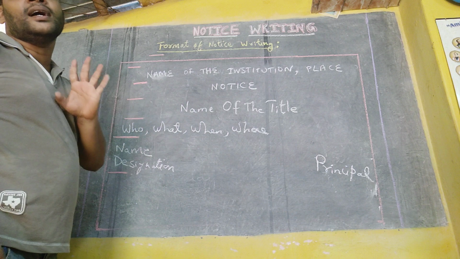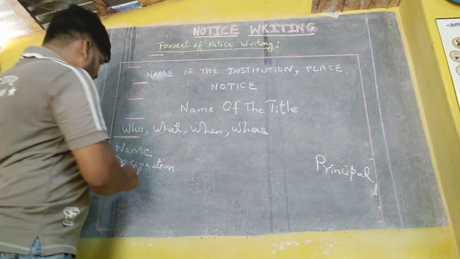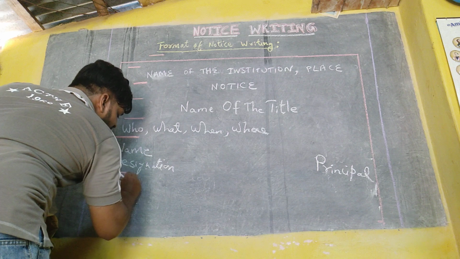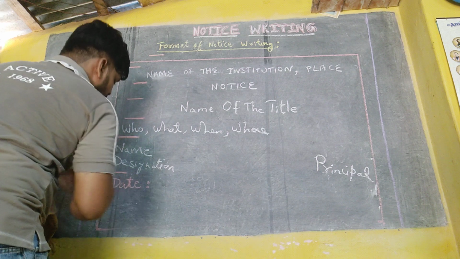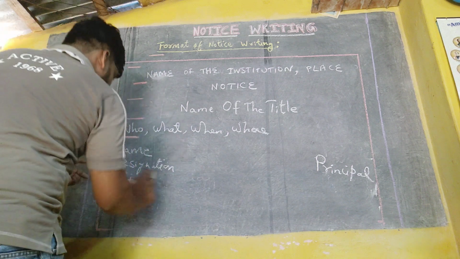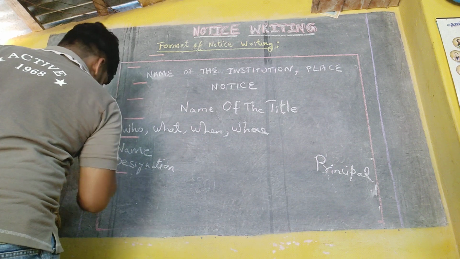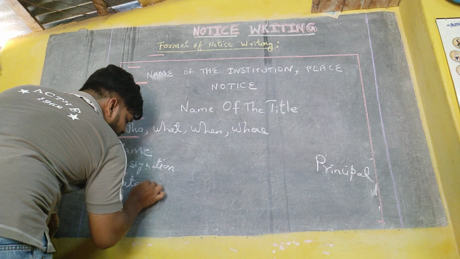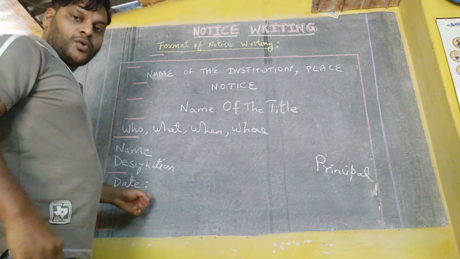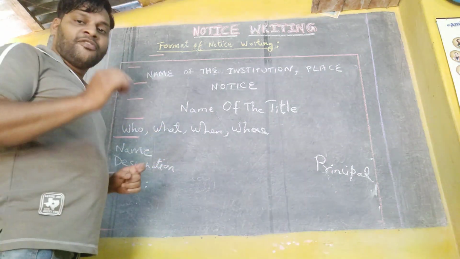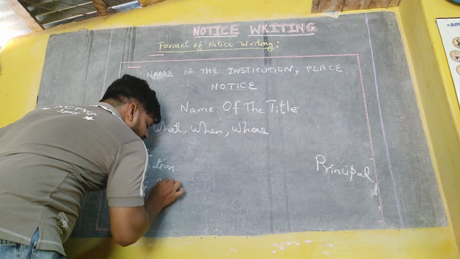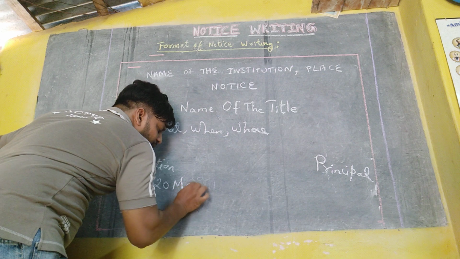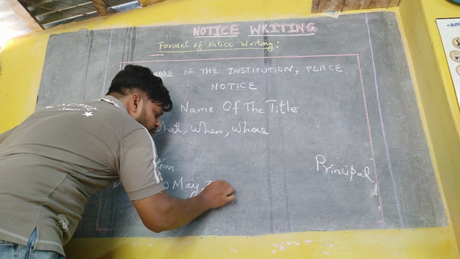Then you have to write the date. Now date has a format. You have to write the word D-A-T-E, date, then colon, then the date format. Suppose it is 20th May, 2020.